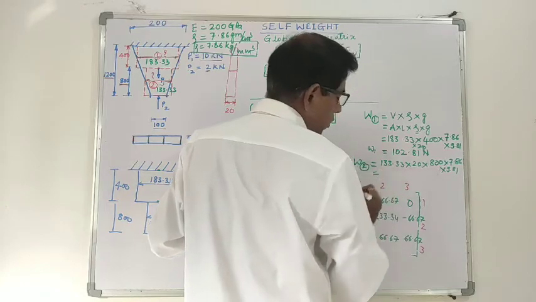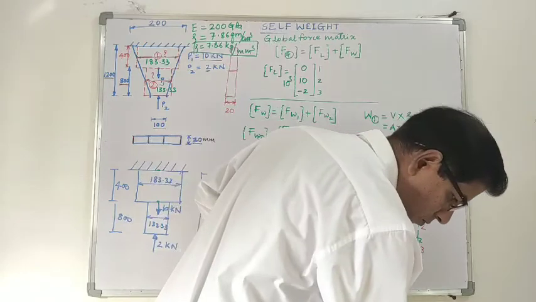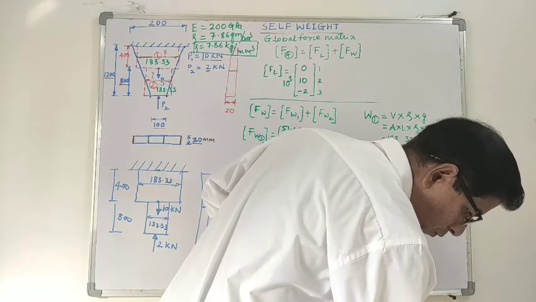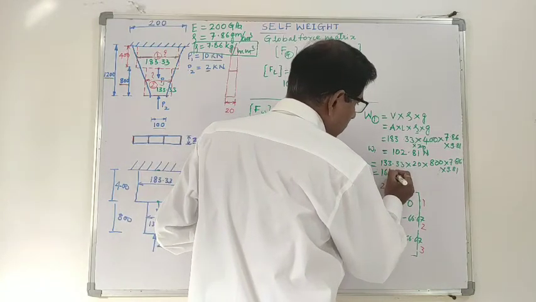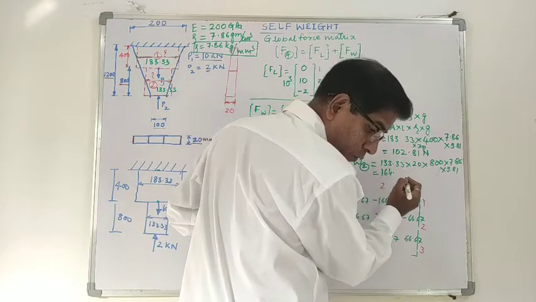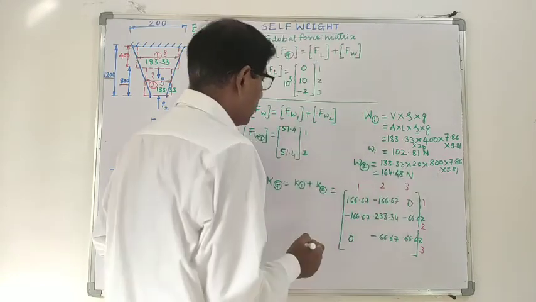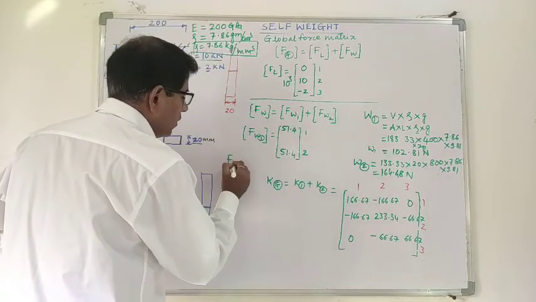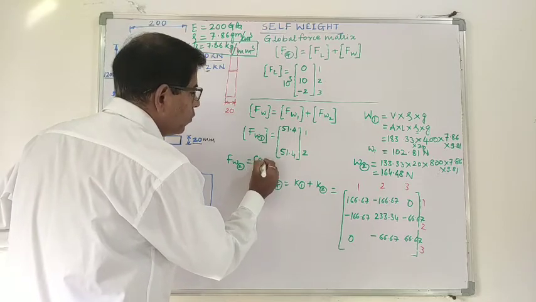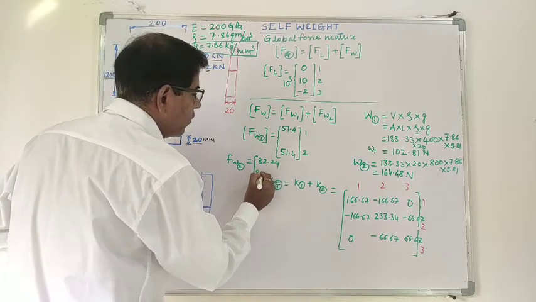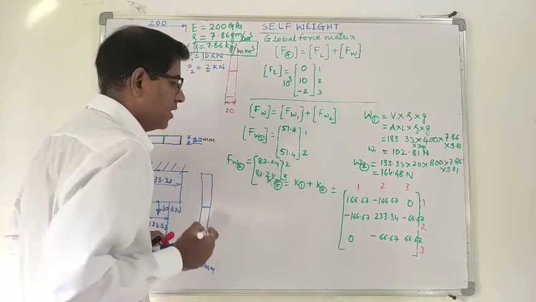So this will give you the total weight, which is equal to 164.48 Newton. So the weight matrix of section 2 will be 82.24 and 82.24 for node number 2 and node number 3.